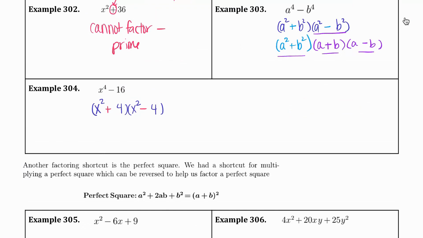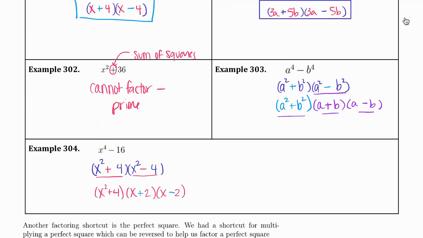Again, we don't stop here. X squared plus 4 is the sum of squares, so we can't factor that anymore, but this one we can. This is the difference of squares like we saw before. We can factor that. The square root of x squared is x. The square root of 4 is 2. One's going to be plus, one's going to be minus.